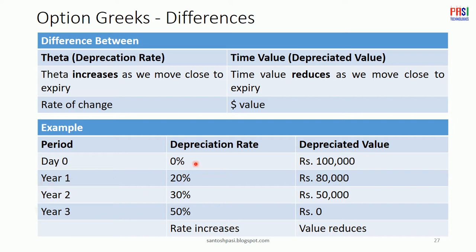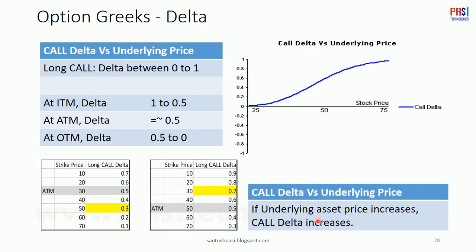In the second year it loses another 30%, so the cost of the laptop is 50,000, and in the third year we reduce the leftover percentage, that is 50%, and my depreciated value is 0. So as you can see, as we move close to the expiry, my theta is increasing whereas my time value is reducing. Okay, so now let's start with Greeks.